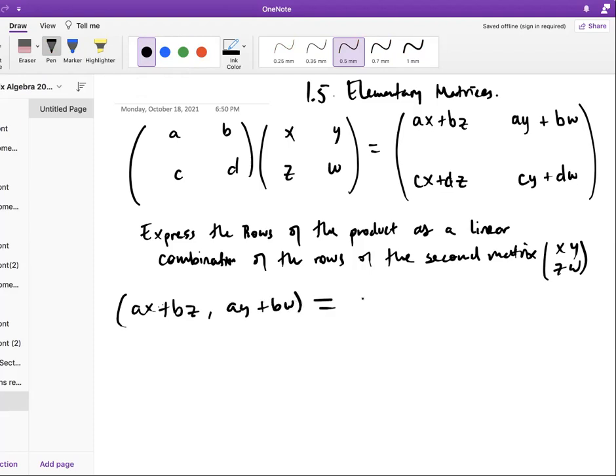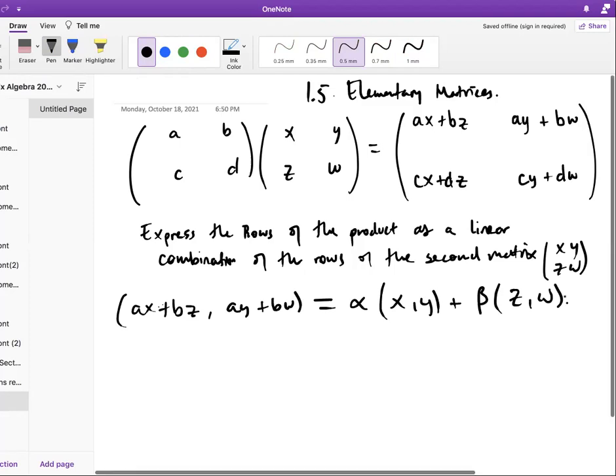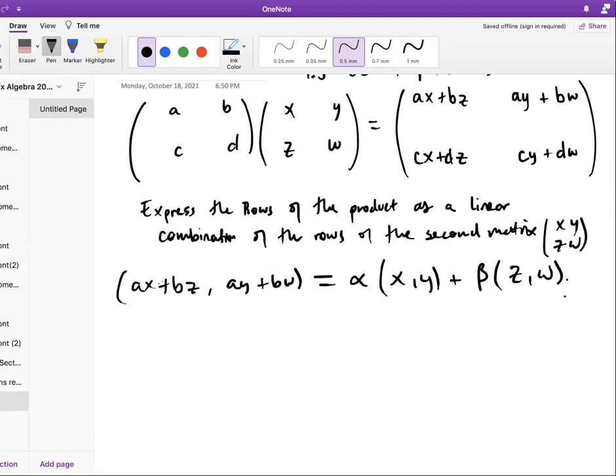Can you write that as some linear combination of the rows of the second matrix? Can someone see what they would be? What are this alpha and beta? Just A and B, yeah.